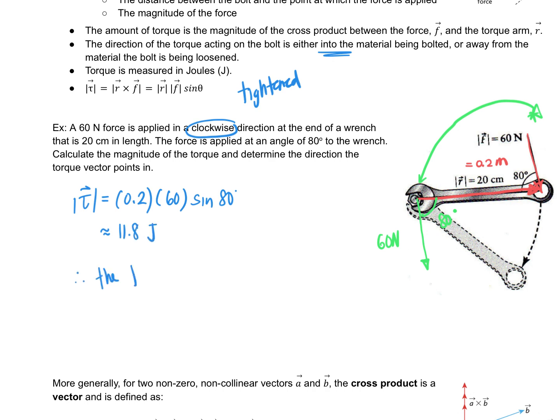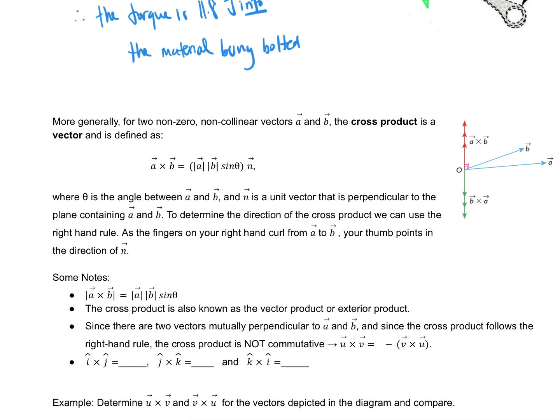Therefore, the torque is 11.8 joules into the material being bolted. So that is one little application that involves the cross product.